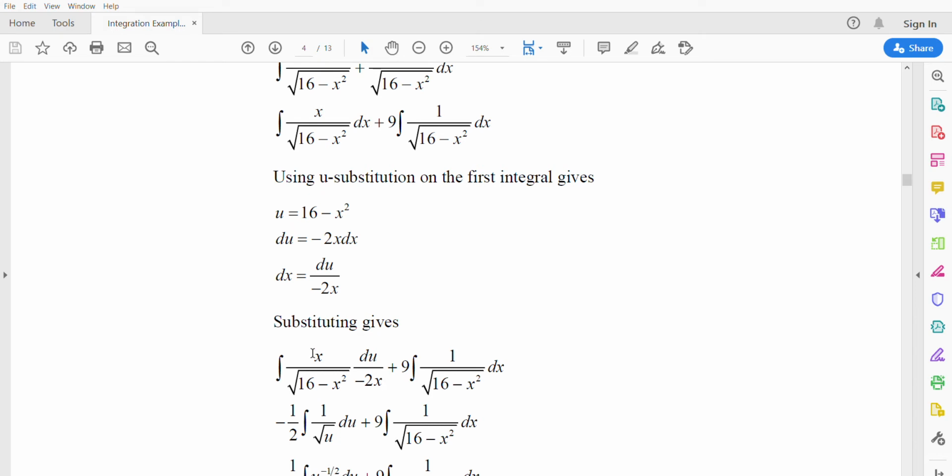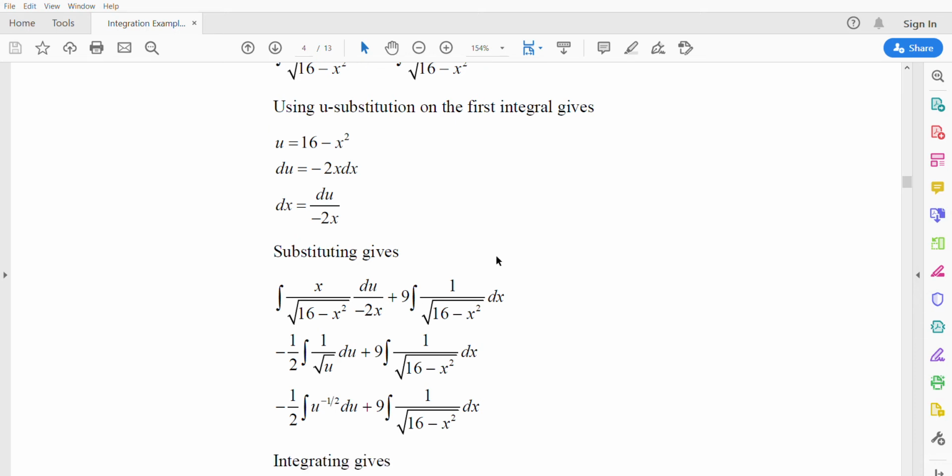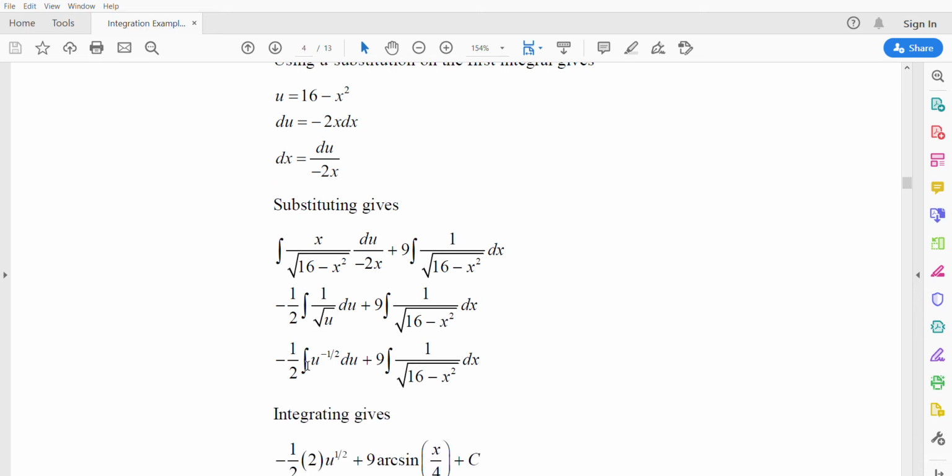The x's are going to reduce, and that gives me negative 1/2 times the integral of 1 over the square root of u du. The second integral, I haven't done anything with. Rewriting 1 over square root of u, I get negative 1/2 times the integral of u to the negative 1/2 du.